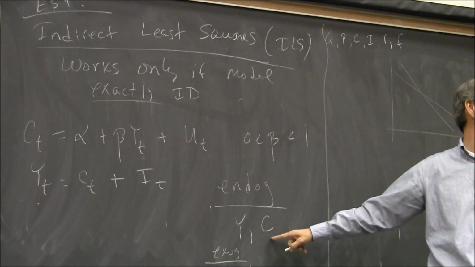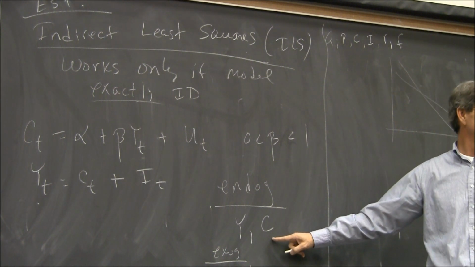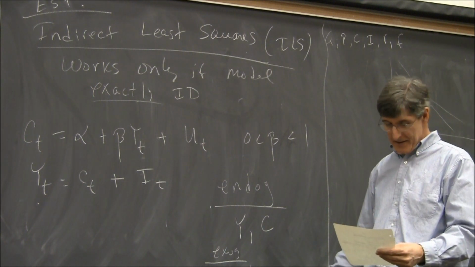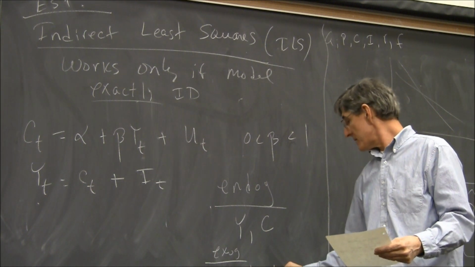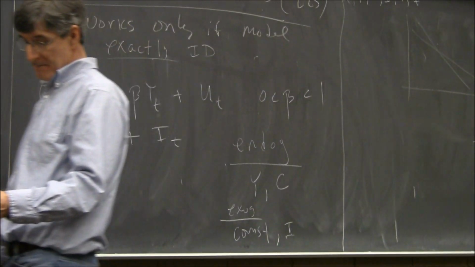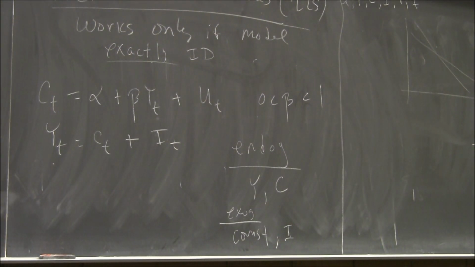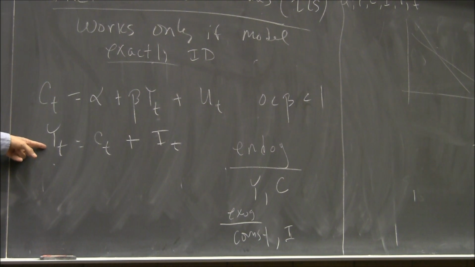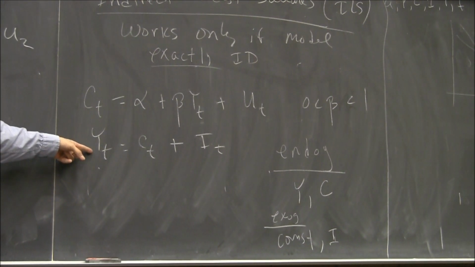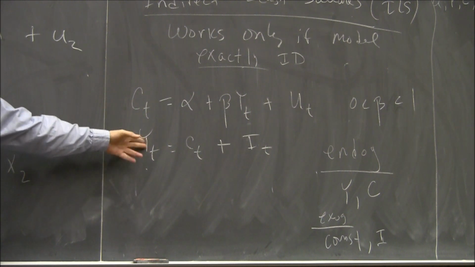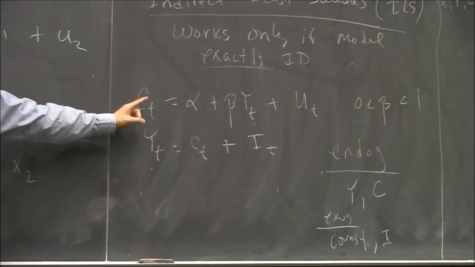I've already used C for consumption. Oops. That's not the constant, that's consumption. So, is there anything to estimate here? See any parameters? I couldn't care less whether this is identified or not, because I don't have any parameters to estimate. So we don't worry about this one.